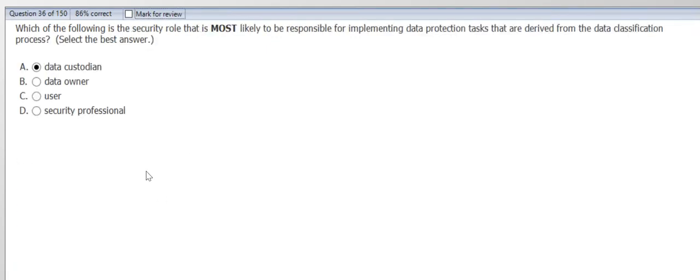Okay. Which of the following security roles is most likely responsible for implementing data protection tasks? Data custodian, data owner, user, security professional. We'll choose data custodian because he is responsible for implementing data protection tasks. But for overall management, the decision maker is the data owner.